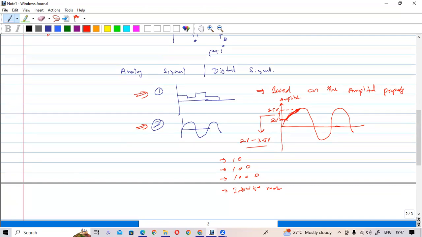From 2 volt to 3.5, all the values are there. So there is an infinite number of amplitude levels.